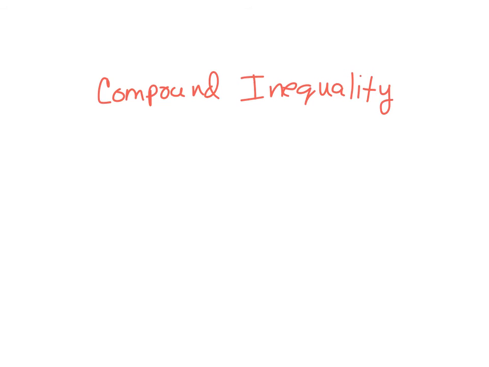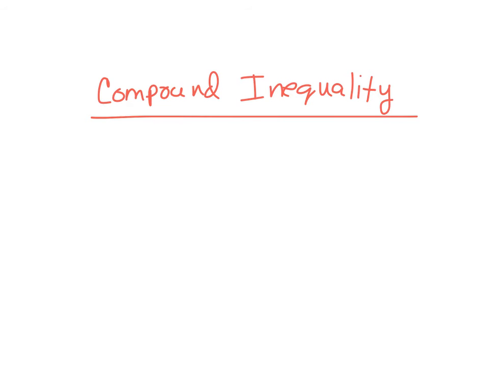All right. Now, I'm going to introduce you now to something called a compound inequality. And all a compound inequality is, is a compound sentence written mathematically. That's all it is. What's a compound sentence?